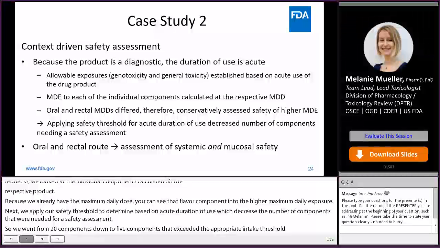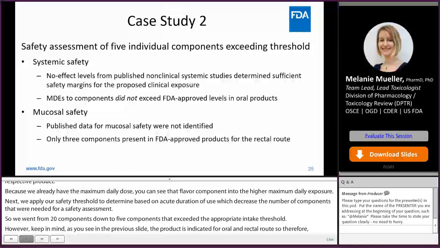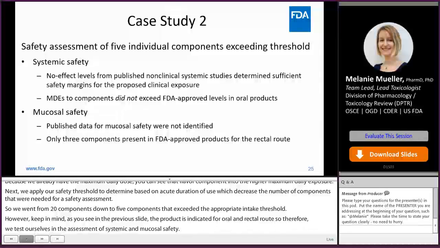Therefore, we task ourselves with assessing the systemic and the mucosal safety of the flavor components. Going forward, we reviewed the safety of the 5 individual components that exceeded our safety threshold by reviewing published literature and information present in FDA internal databases.